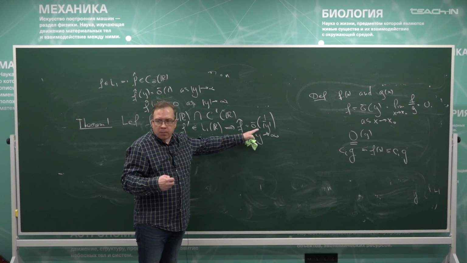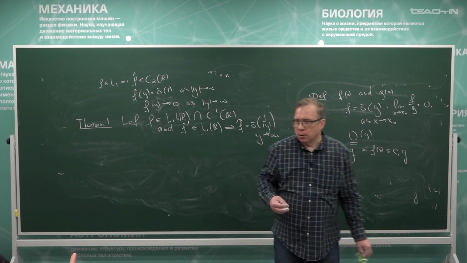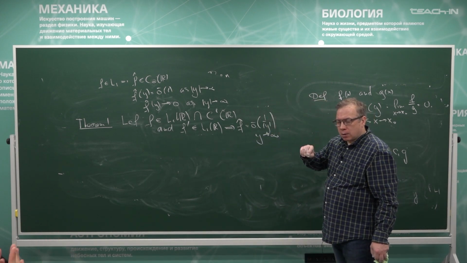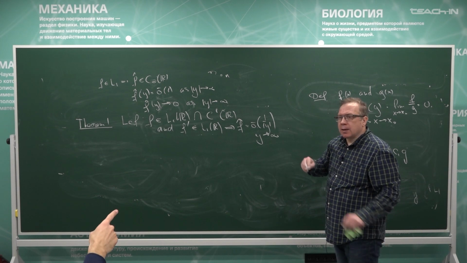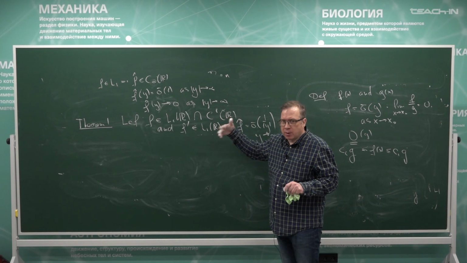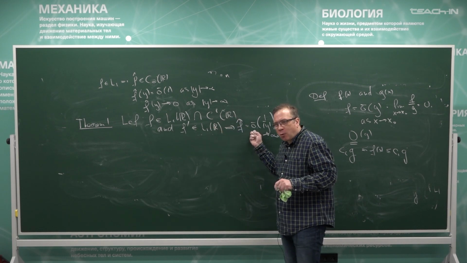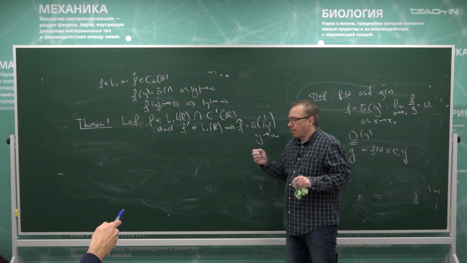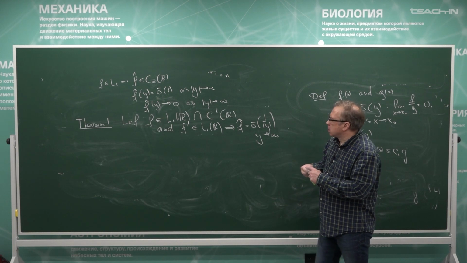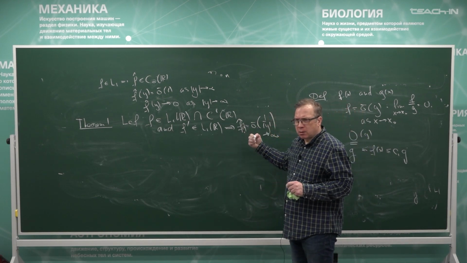If the function is smooth, it should decrease faster. The smoother the function, the faster the Fourier transform goes to zero. Here y is the argument of the Fourier transform in my notations.